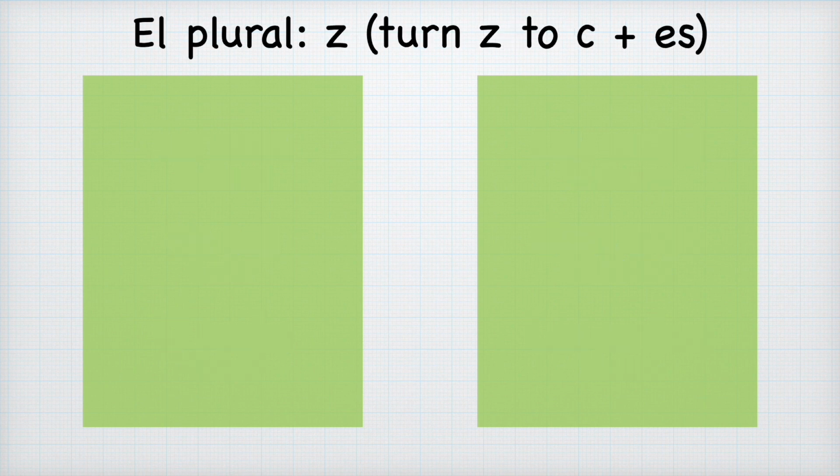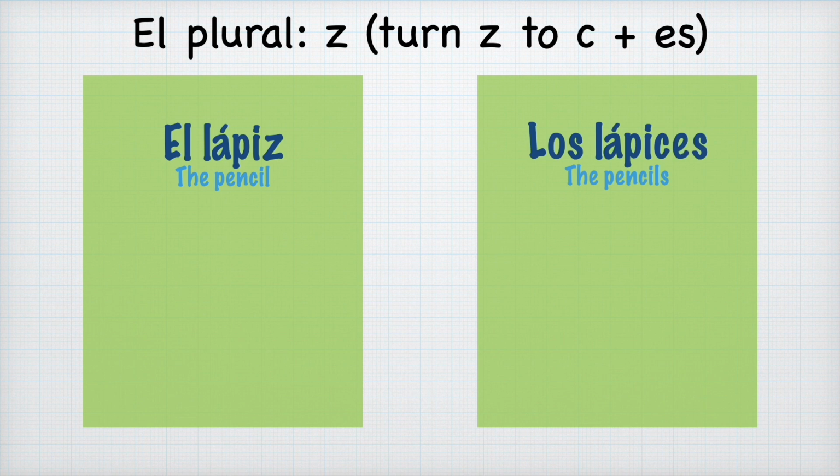With nouns that end with the letter z, we'll actually have to turn the z into the letter c, and then we're going to add es to the end. For example, el lápiz. It's going to turn into los lápices. You can see here we replaced the letter z with the letter c and we added es to make it plural.